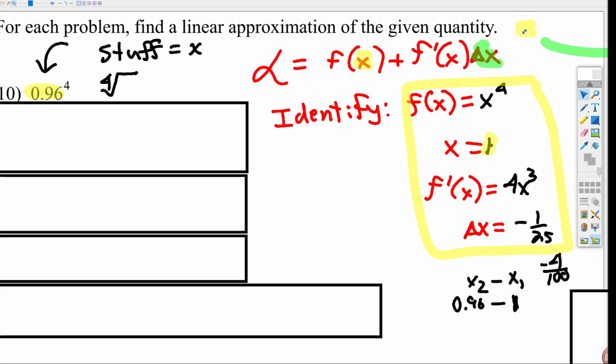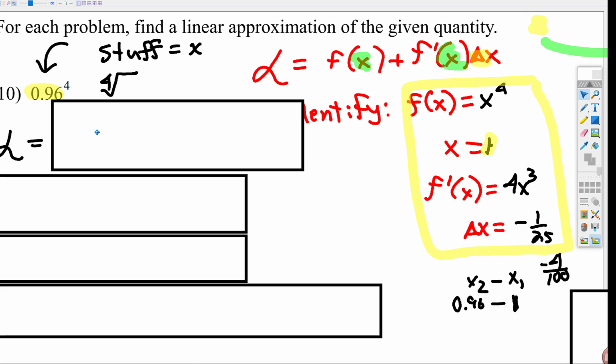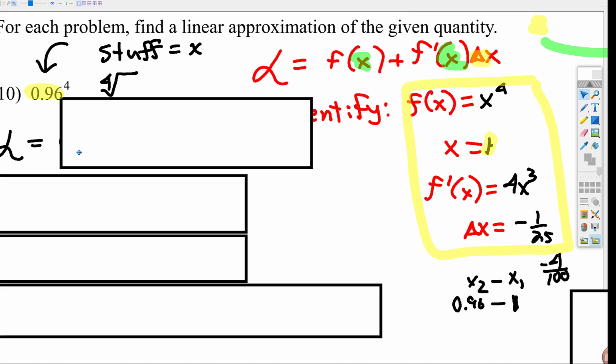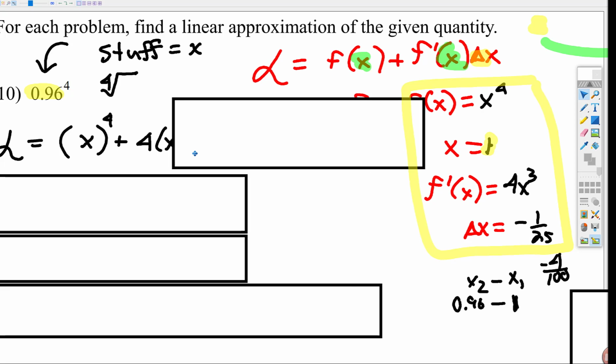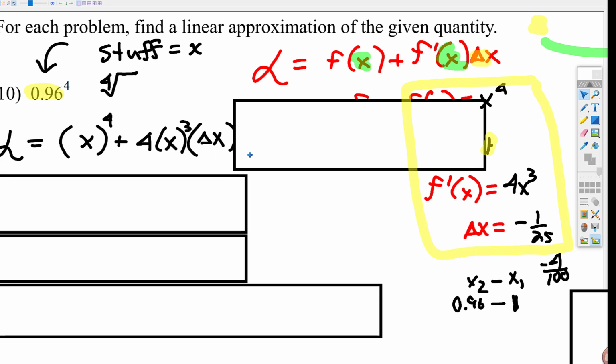If I wanted to stay consistent with what I was doing before, I would maybe do that. All right, so we're going to put this in. So the linear approximation is the function, which is x to the fourth, plus the derivative function, 4x cubed, times the delta x.